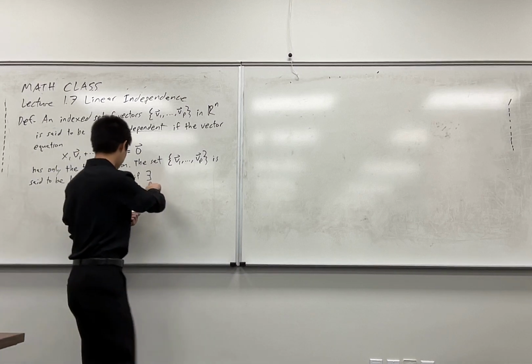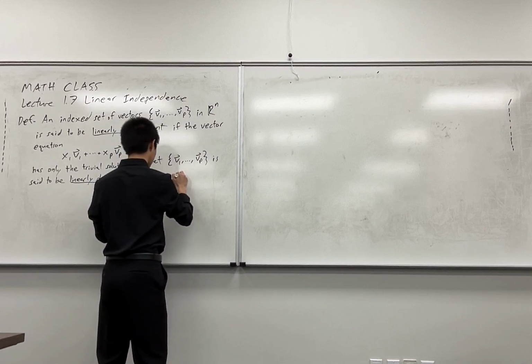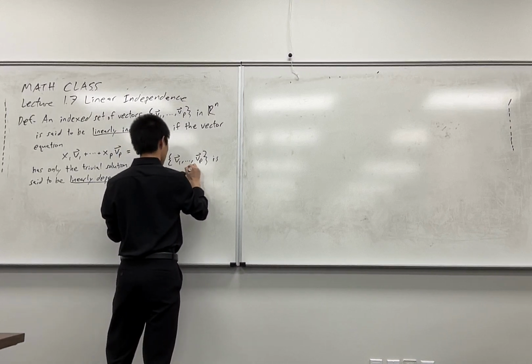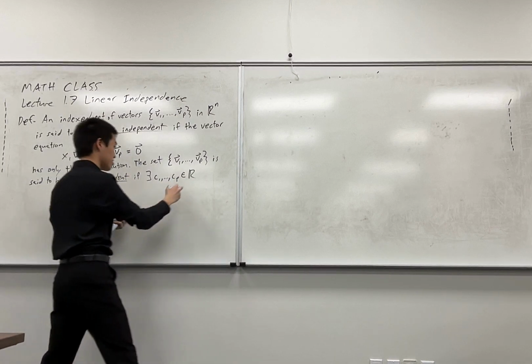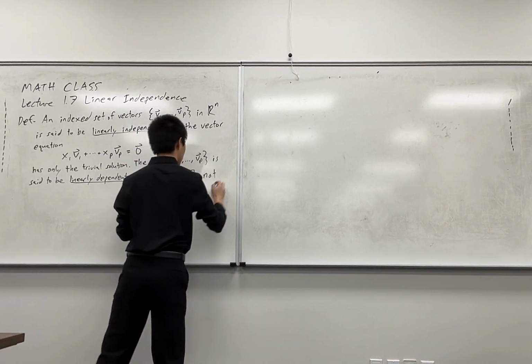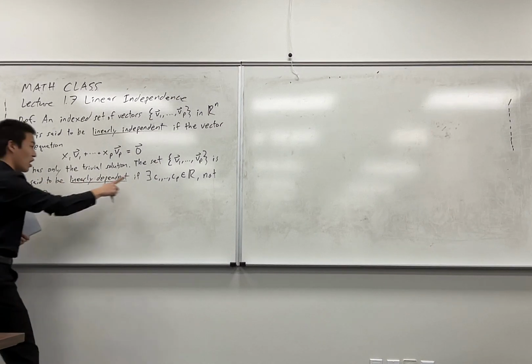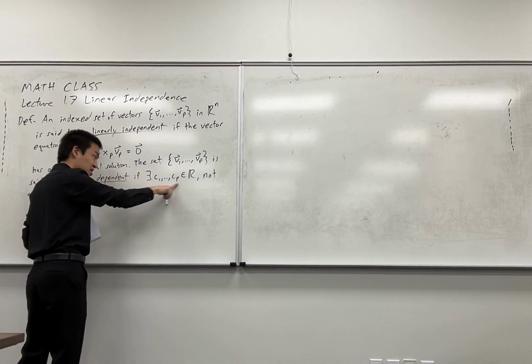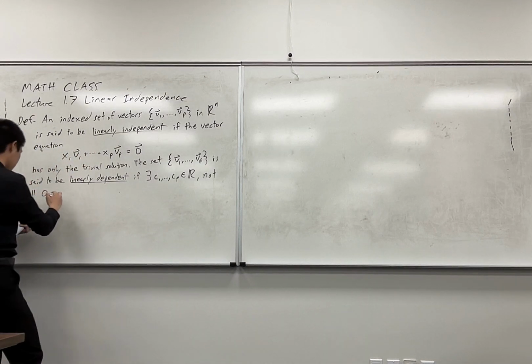There exist some scalars c1 through cp. I need p of them. And I'm going to say they are in R. This indicates that they are scalar values, not vectors. Here's an important qualifier: not all zero. So I can't have just a list of p zeros here. I need to have at least one of them non-zero, so not all zero.